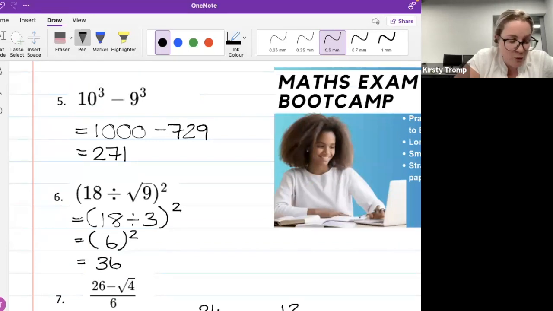Okay, so Colafelo, what does 10 to the power of 3 mean? It means 10 times 10 times 10, hey? And so what's 10 times 10 times 10? It's 1,000. Yes, ma'am. Do you understand how I got to 1,000? Oh, yes, ma'am. Okay, minus. What's 9 to the power of 3?